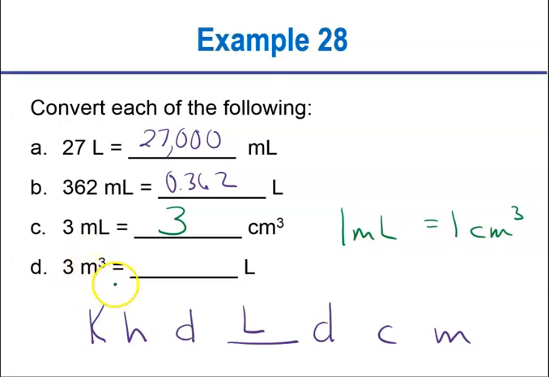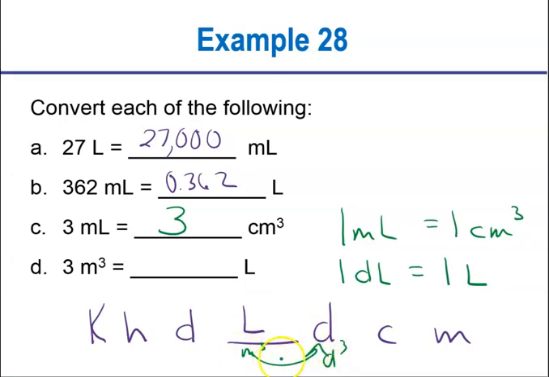Okay, and then 3 meters cubed we want to convert to liters. Now we also remember that 1 decimeter cubed is equal to 1 liter. So what if we change this to decimeters cubed, and then that would be easier to convert. So we have 3 meters cubed, that's here, right? And we're converting to decimeters cubed.